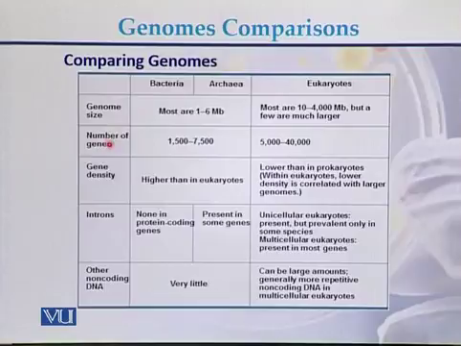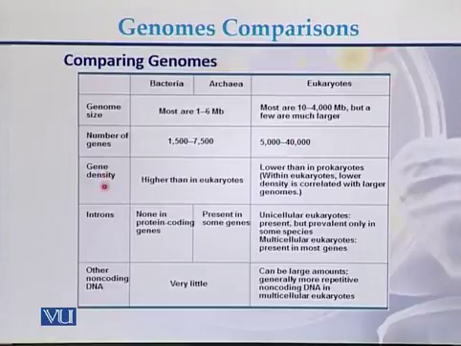Comparing the number of genes, in most prokaryotes the number of genes can be 1500 up to 7500, while in eukaryotes the number of genes can be 5,000 up to 40,000.